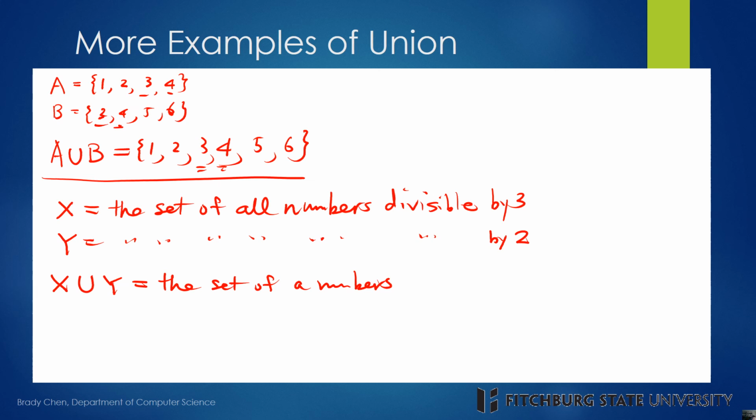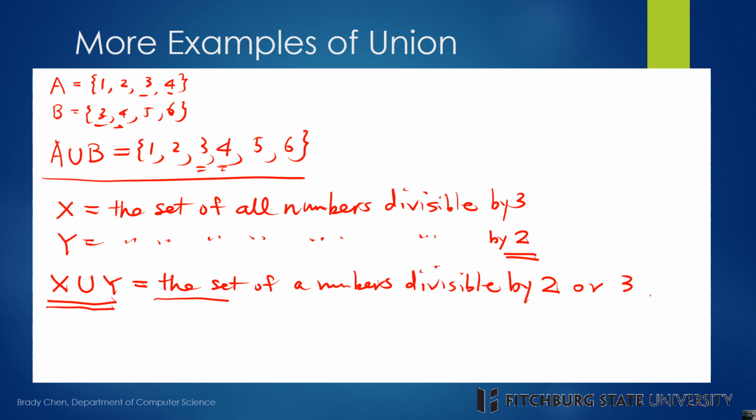So the set of numbers divisible by 2 or 3, right? If a number is divisible by 3, that element belongs to X, so it should be in the union of X and Y. If the number is divisible by 2, that element belongs to Y, but it should also belong to X union Y, right?